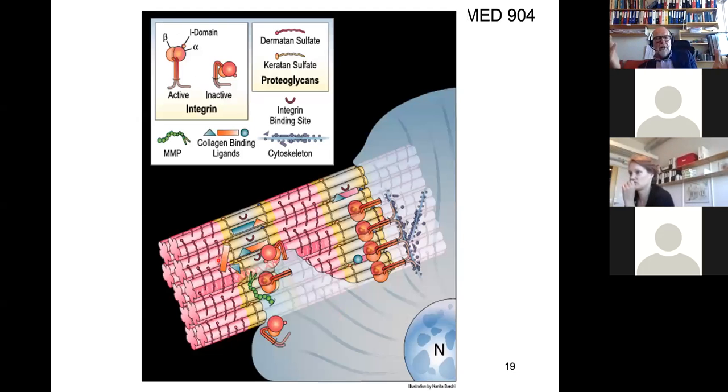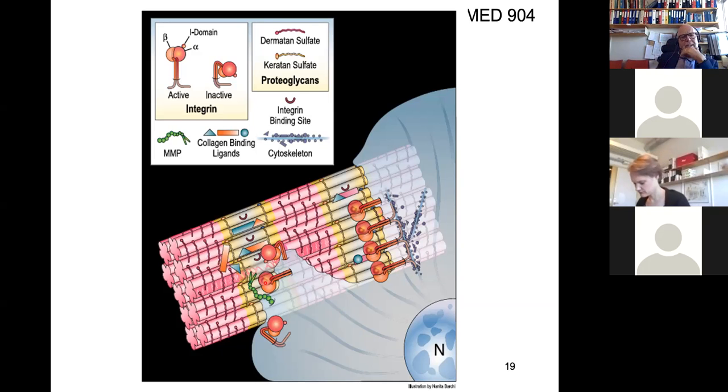What's very particular about collagen when you compare it to other matrix proteins is that it forms highly organized fibers and fibrils. On top of that, collagen is coated with many proteins, including proteoglycans like decorin, and it is very tightly packed.